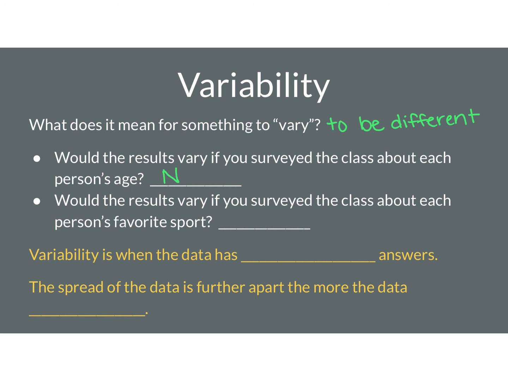No, the results would not vary because each of you would be the same age. Would the results vary if you surveyed the class about each person's favorite sport? Yes, each person would have a different opinion on what their favorite sport was. So variability is when the data has different answers.